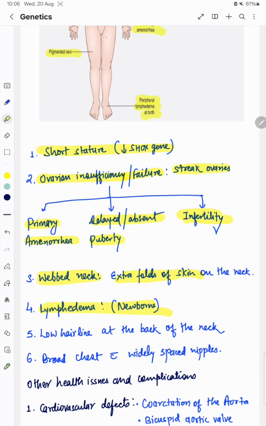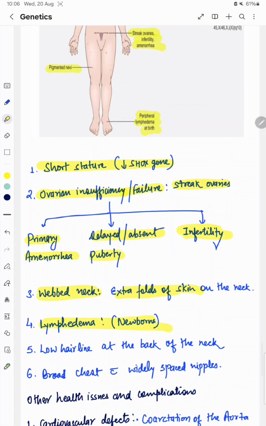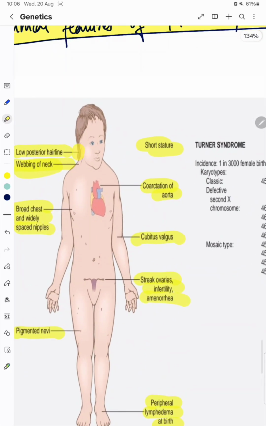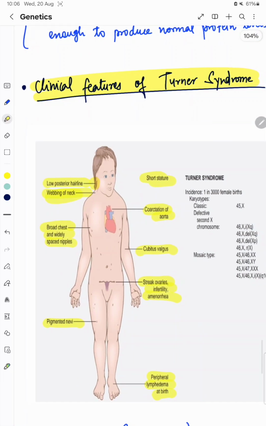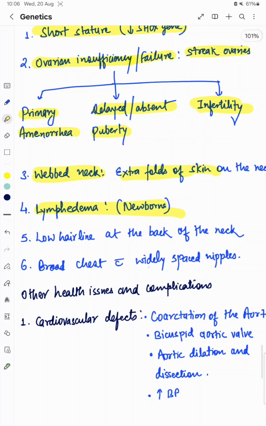Lymphedema, particularly in newborns. A low hairline at the back of the neck, as we can see. A broad chest with widely spaced nipples. These are the common clinical features seen in a case of Turner syndrome.